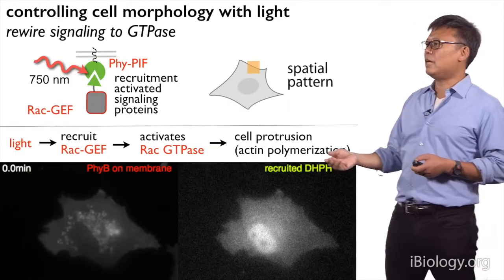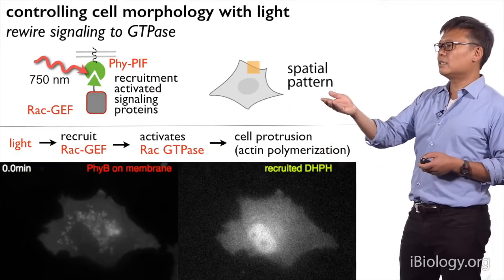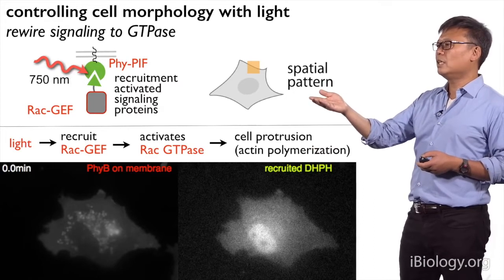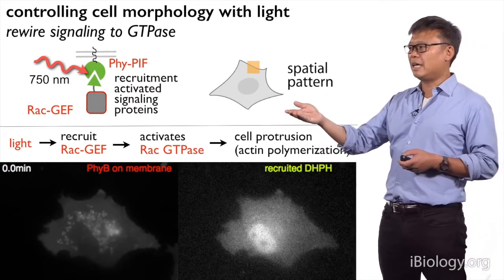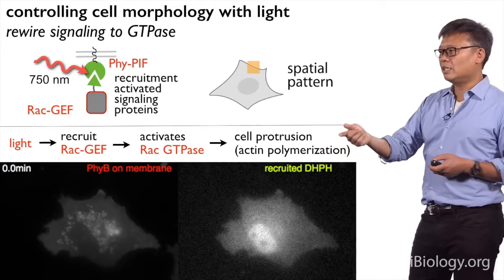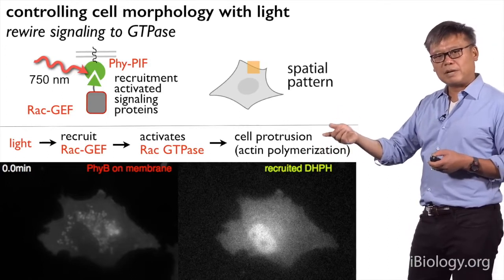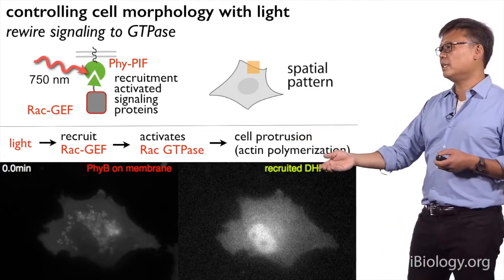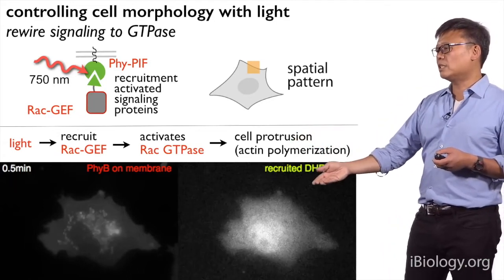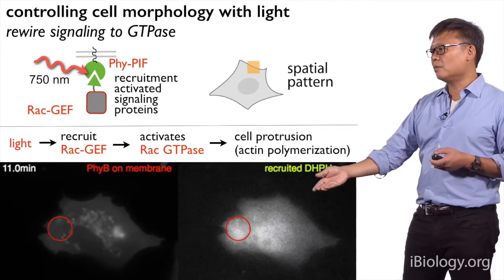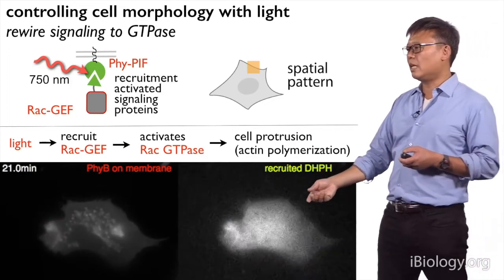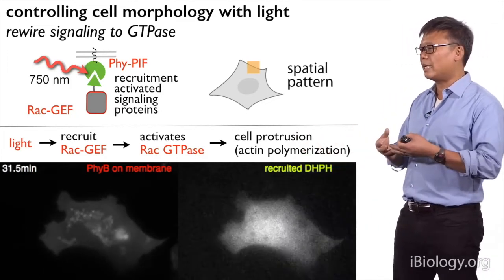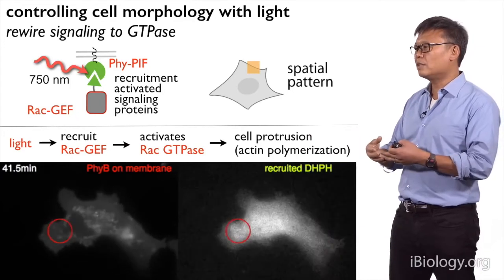And so this is an example of linking this light-activated protein to a RAC GEF. So that's going to activate the protein, the RAC GTPase, which itself activates actin polymerization. As you see here, what happens is that when we shine the light on, which is the red circle, on the cell, you see recruitment of that RAC-GEF and actually protrusion of the cell at that point.